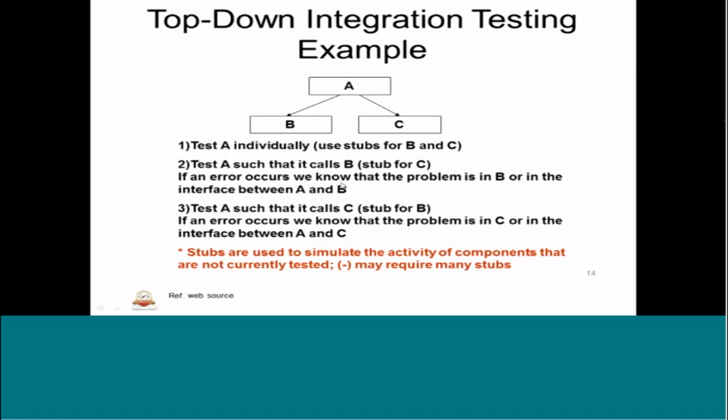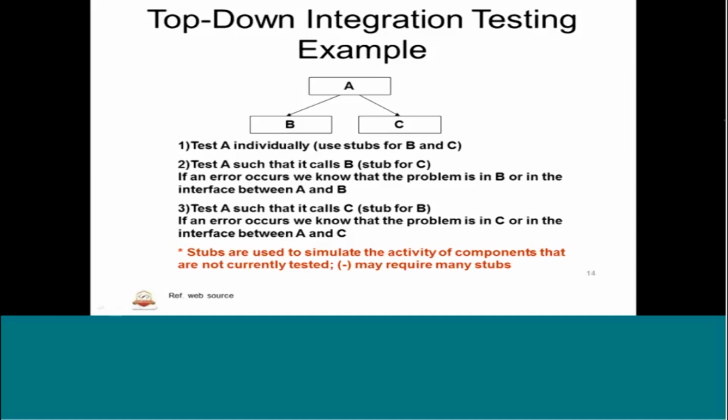So if an error occurs, we know that the problem is in B or in the interface between A and B. While doing the integration testing, there could be an interface issue, or the issue is with the stubbed part, because we have stubbed it and A is getting called and we are getting the error.